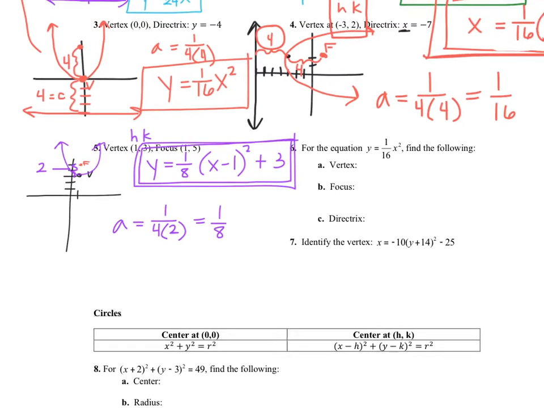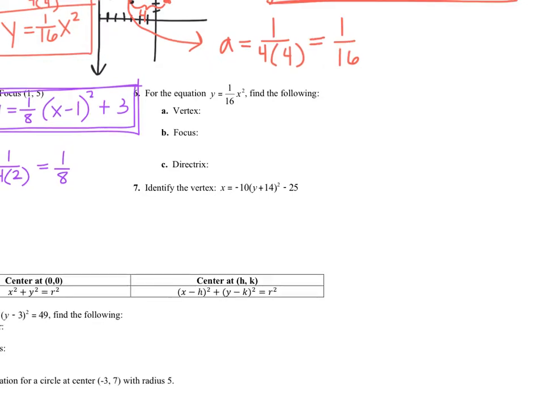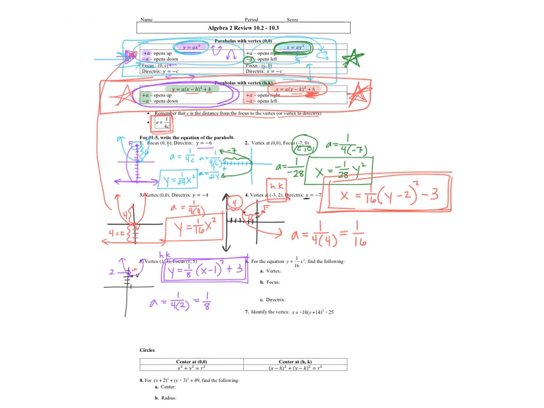All right, number 6. For the equation y equals 1/16 x squared, find the following. First of all, there is no h, k type of setup, right? It doesn't look like these formulas. It looks like these top ones more.